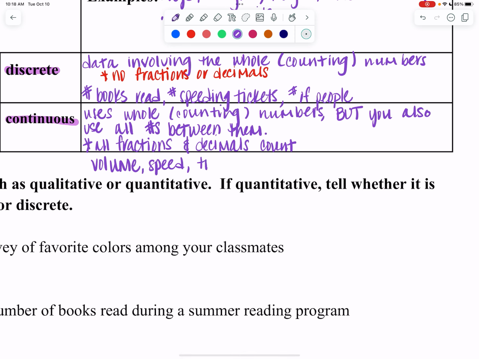Time is definitely a good one. Rarely do we spend exactly 1 hour or exactly 2 hours involved in an activity. Typically, we spend 45 minutes, 3/4 of an hour, or 30 minutes, half an hour doing things. So those are continuous values.